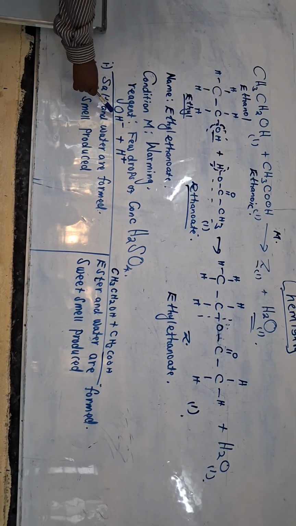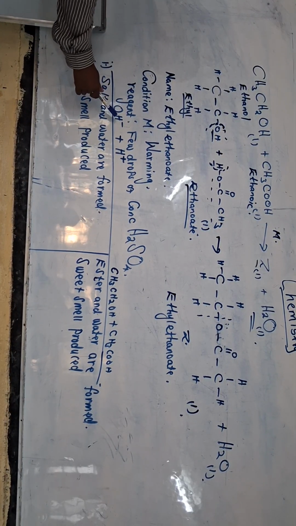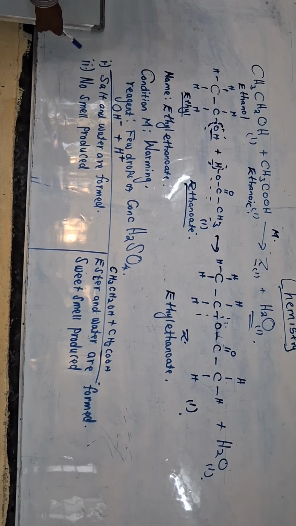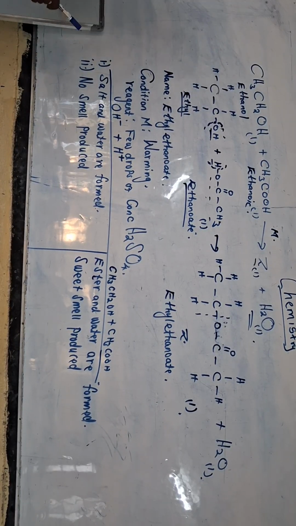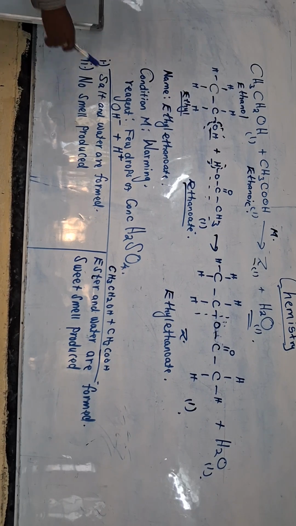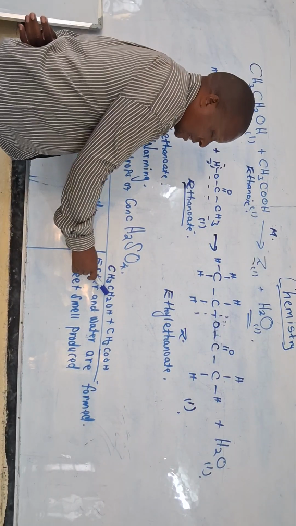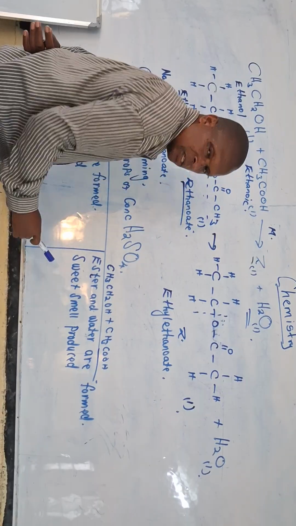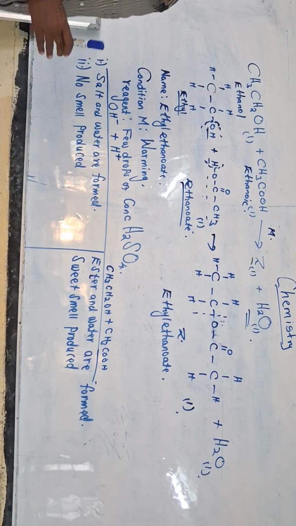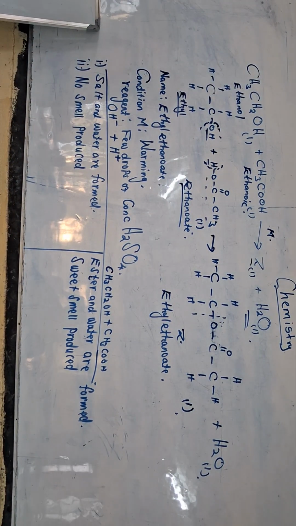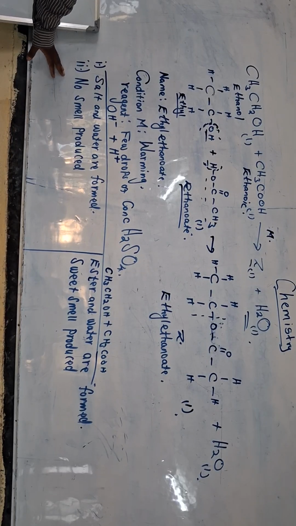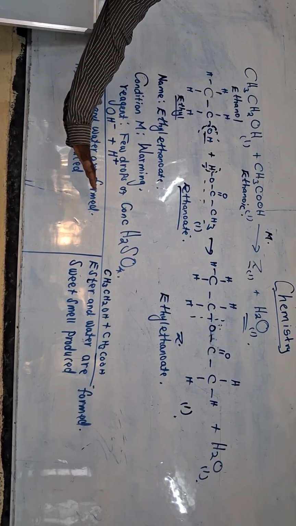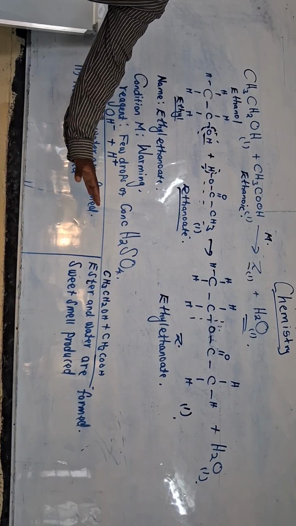Now, the product during the reaction between a hydroxide and an acid, no smell is produced. But in the case of ethanol and ethanoic acid, a sweet smell is produced. So you can talk about a pleasant smell is produced. Here you say no pleasant smell is produced. You can talk about a sweet smell produced.